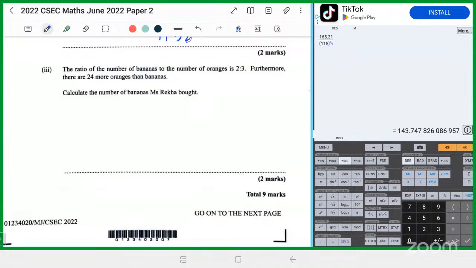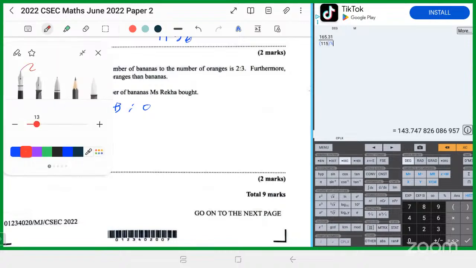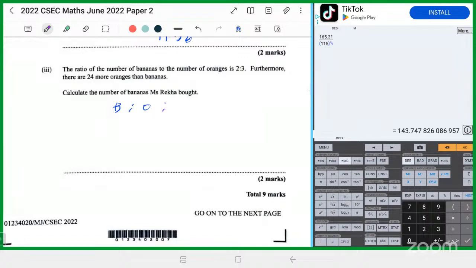All right, let's look at it this way. So I would say it is bananas to oranges, right? It's 2 to 3. So I would say B to O. I'm going to extend the ratio to show the difference. All right, let's put it in purple. Extend the ratio to show how much more oranges are than bananas, which is 1.